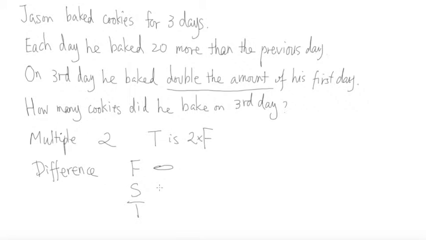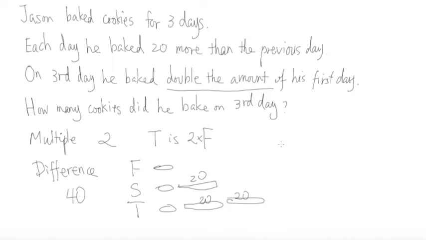And second day, well, it says each day he baked 20 more. So some cookies, then plus 20. And third day, some cookies, and plus 20 more. So on the second day, you have 20, and here you have 20 more. 20 and 20. So now the difference is clear. You just add these two 20s. So the difference is 40.